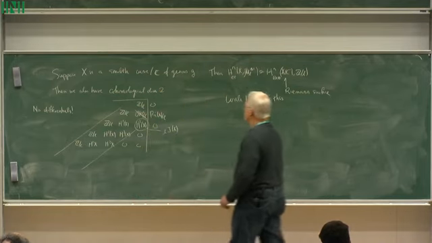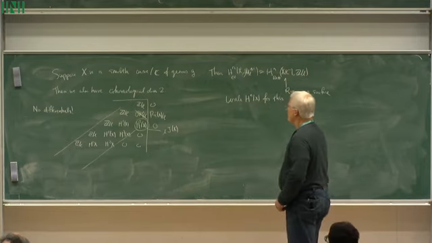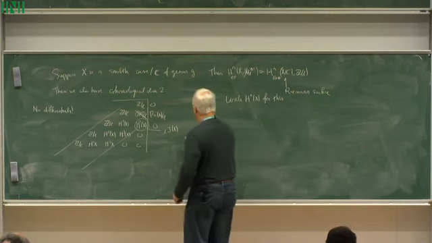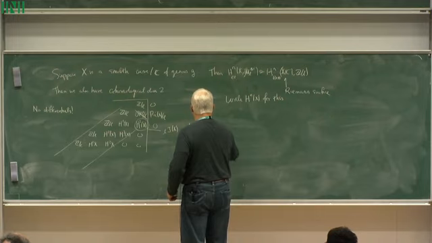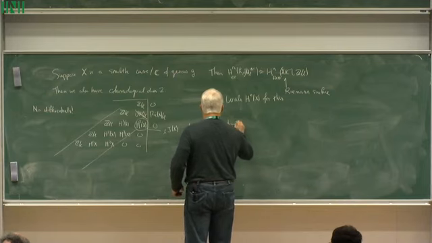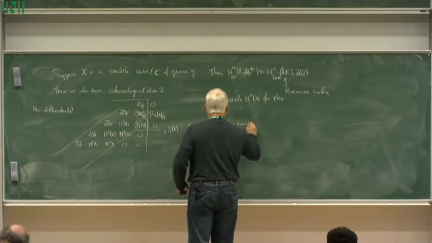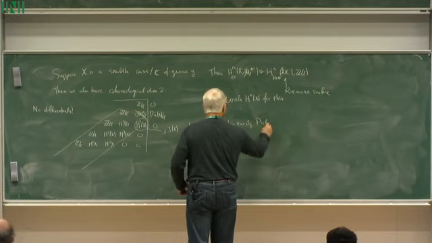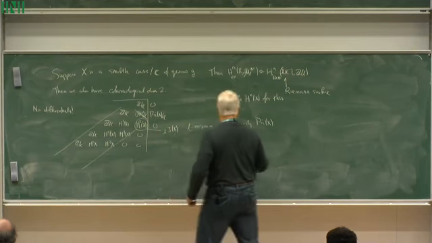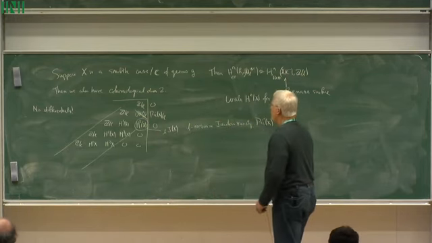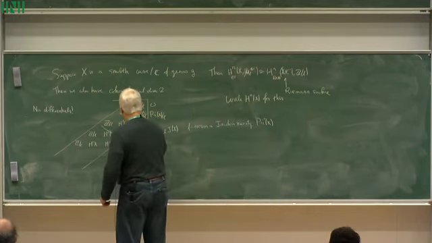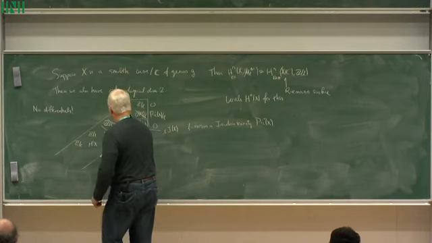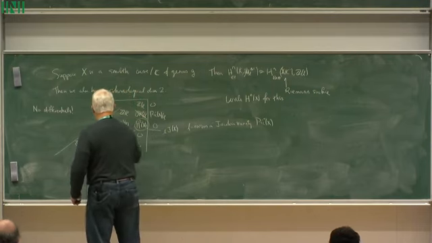H^2 of X with coefficients in Z mod L is the L torsion in the Jacobian, which I think earlier was called Pic_0 of X. And so we get the same thing in every single even degree.